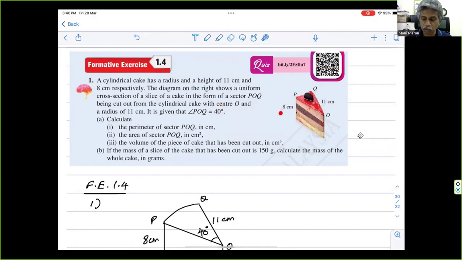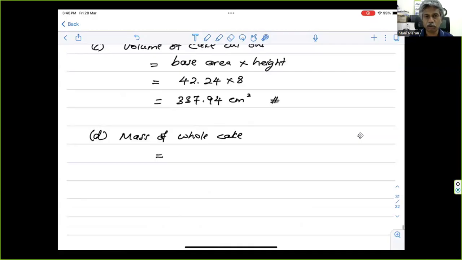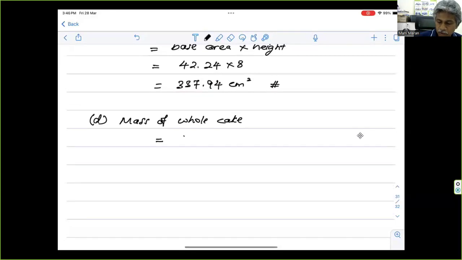But when you're looking at the whole cake, you have to go one round, which is 360 degree. So in order to find the mass for a whole cake, we take 360 degree divided by 40 degree, which is the angle subtended by the sector of the cake shown, multiplied by 150 grams.